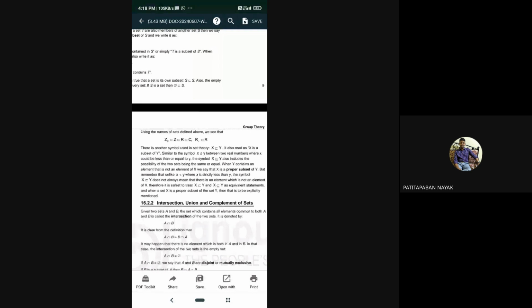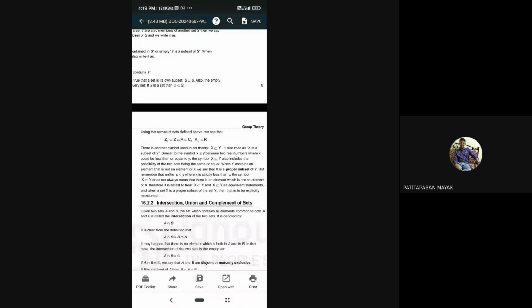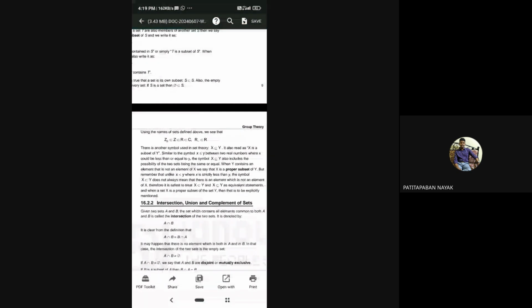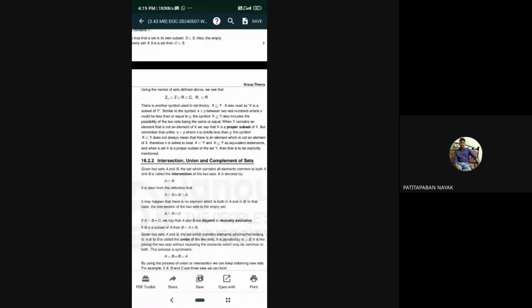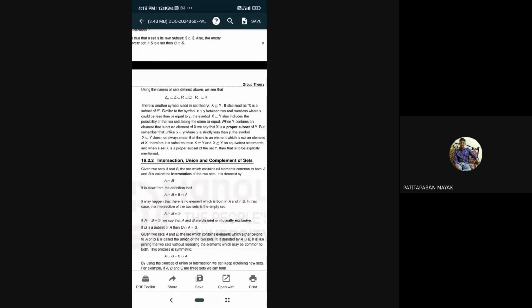When Y contains an element that is not an element of X, we say that X is a proper subset of Y. Remember that X is strictly less than Y in that case, and the symbol X subset Y does not always mean that there is an element of Y which is not an element of X. Therefore, it is safest to treat X subset of Y as an equivalent statement. When a set X is a proper subset of set Y, then that is to be explicitly mentioned.